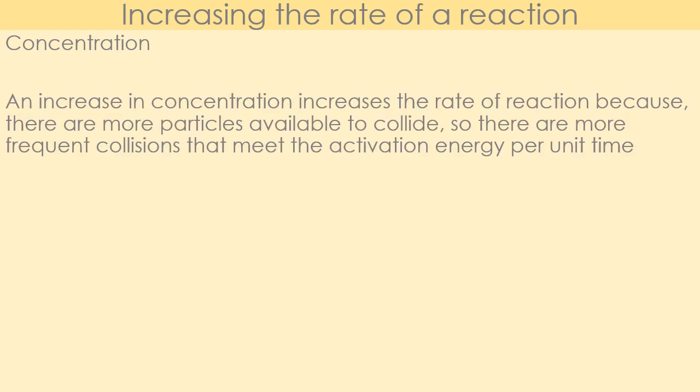And with this, we can say that an increase in concentration increases the rate of reaction because there are more particles available to collide, so there are more frequent collisions that meet the activation energy per unit time. Again, very, very similar answer to what's going on. This first part has changed slightly. We've now just got more particles available to collide.